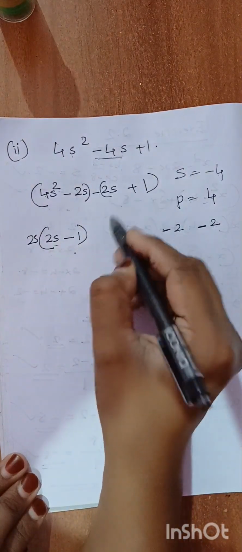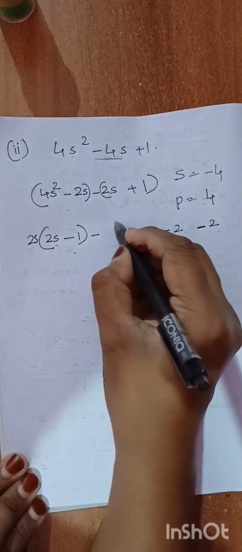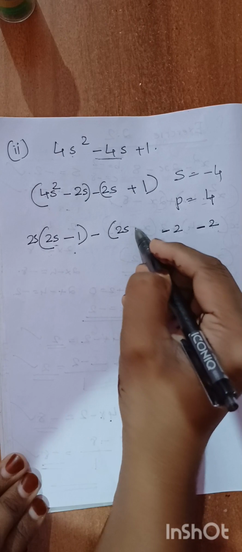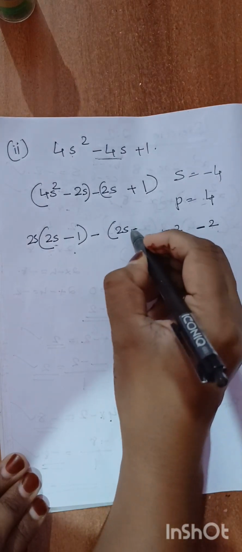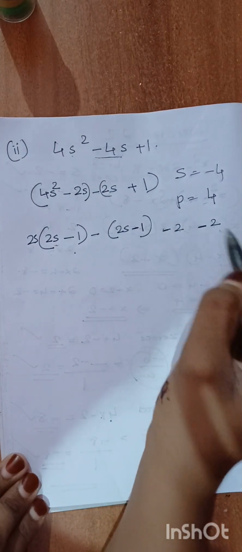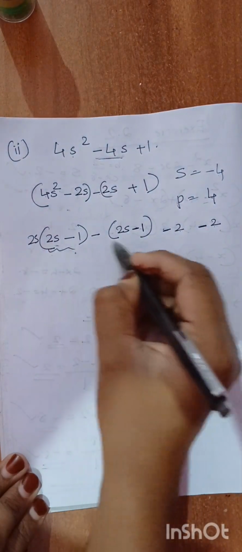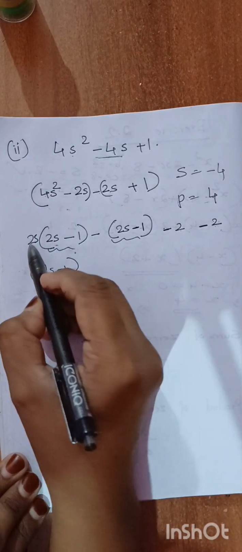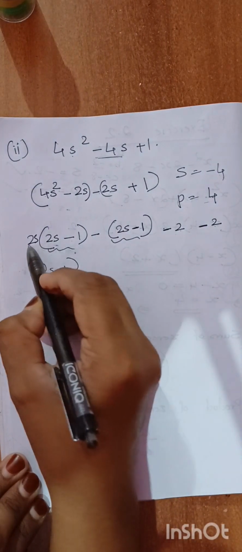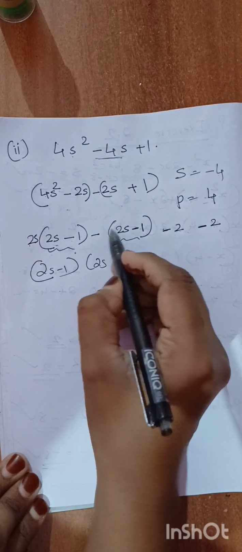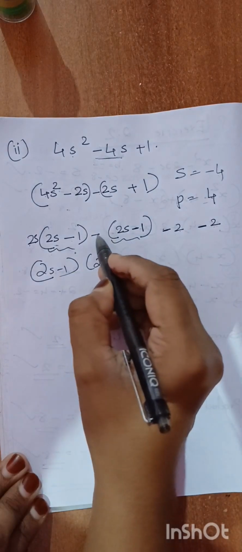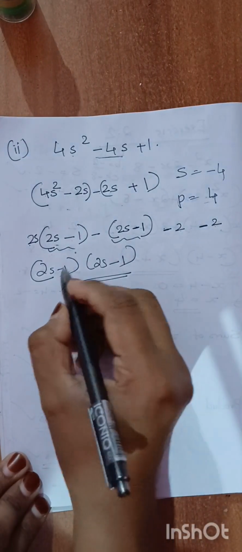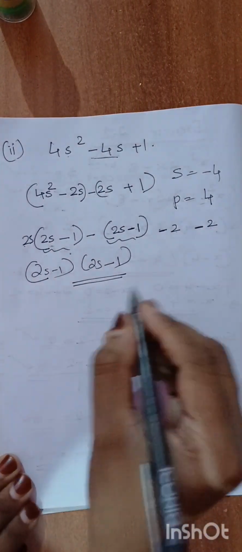Here the sign is negative, and the term is positive, since negative into negative only will become positive. So I have to write minus 1 here. Both the brackets are equal, that is 2s minus 1 is the first bracket. You have to write the balance. After taking 2s outside, the balance is 2s minus 1, and after taking 2s minus 1 outside, the balance is minus 1. From this you have to find out the zeros.